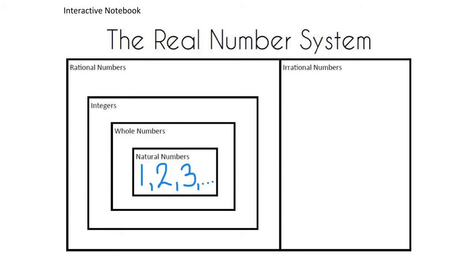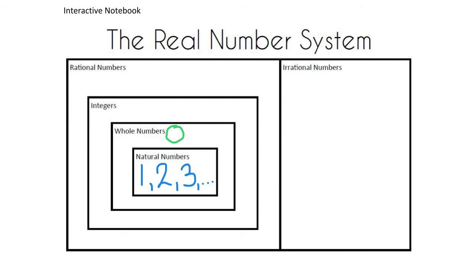From there, we are going to go into whole numbers. When we start talking about whole numbers, the box of whole numbers contains all the natural numbers, but it also includes the number 0. 0 is a whole number, but it is not a natural number. If you look at your natural numbers, the number 3 is natural and it is also whole.